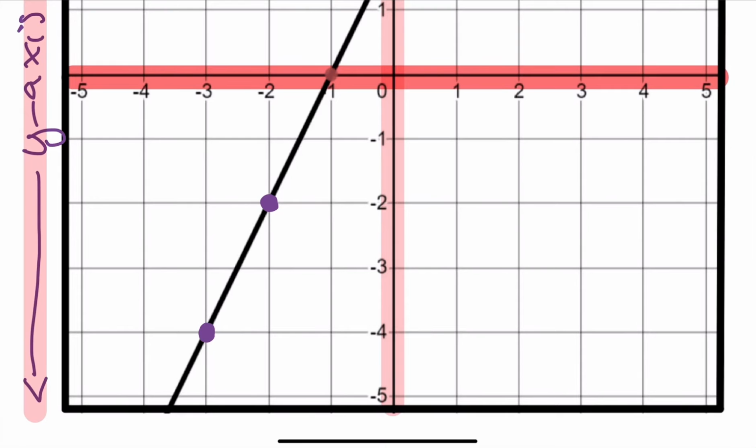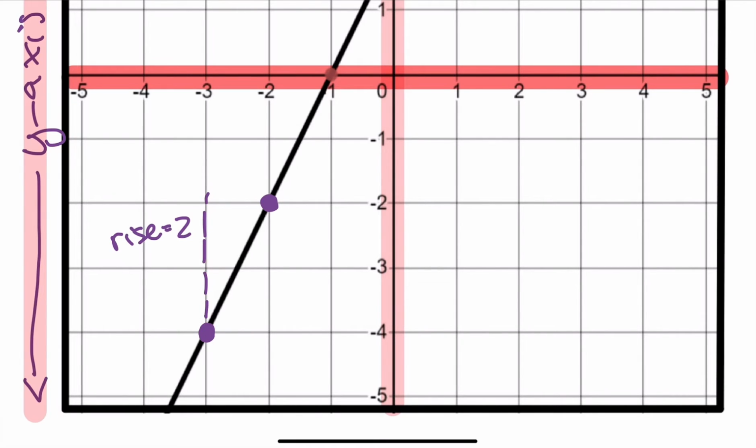So the rise we're going to calculate by counting how many units it takes to go from one point to the next. So I'm going to start down at the bottom here and count how many it takes for me to go up to the next point. Okay, so I'm looking at this. It takes 1, 2 boxes. So my rise is going to be 2 because it took 2 spaces to get up to the next point.